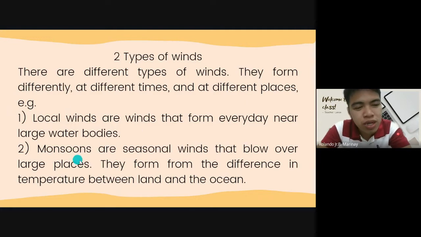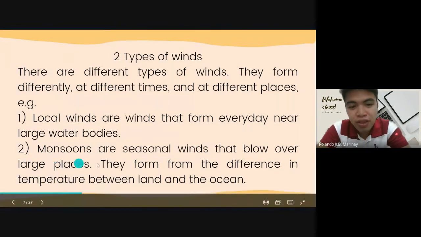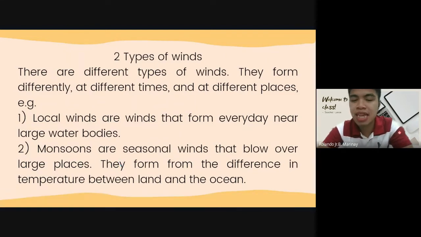Next one is the monsoon. Okay, what is monsoon? Monsoon is a seasonal wind that blows over large places. They form from the difference in temperature between land and the ocean. So temperature, kids, is the hotness or coldness of a place or something.